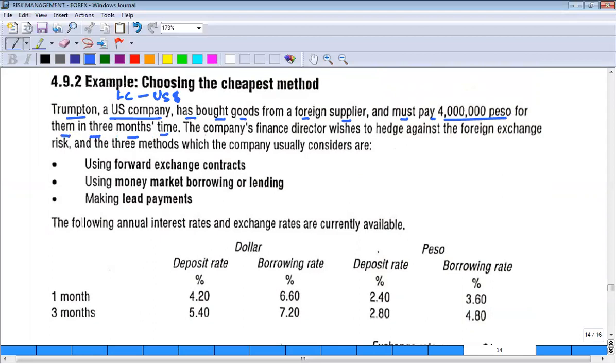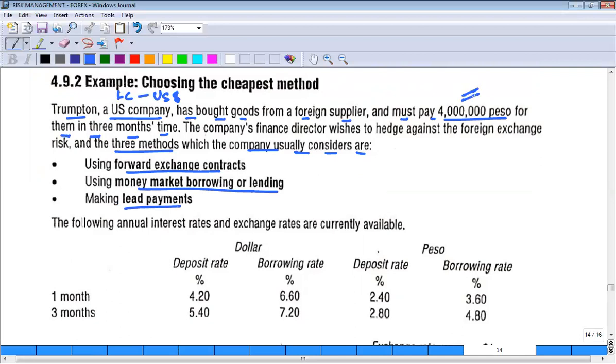The company's finance director wishes to hedge against the foreign exchange risk, and there are three methods a company usually considers here: forward exchange, money market hedging, borrowing or lending, and lead payments.